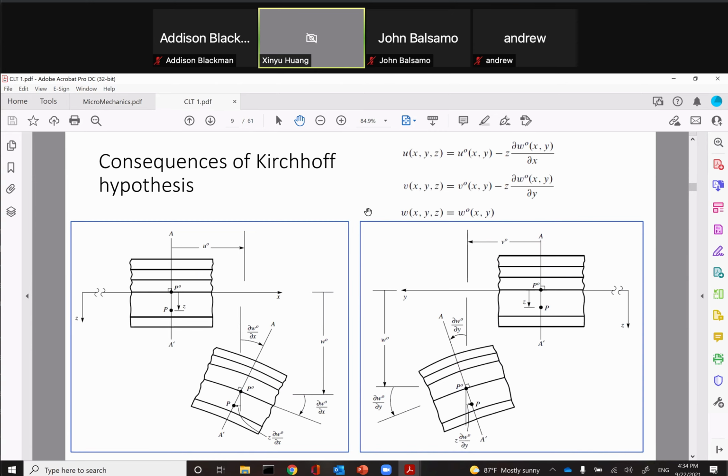Now, what's good about this is that it greatly simplifies your strain. We can calculate the strain using displacement. How do we calculate strain from displacement? You do the partial derivative, right? What's the epsilon x direction?